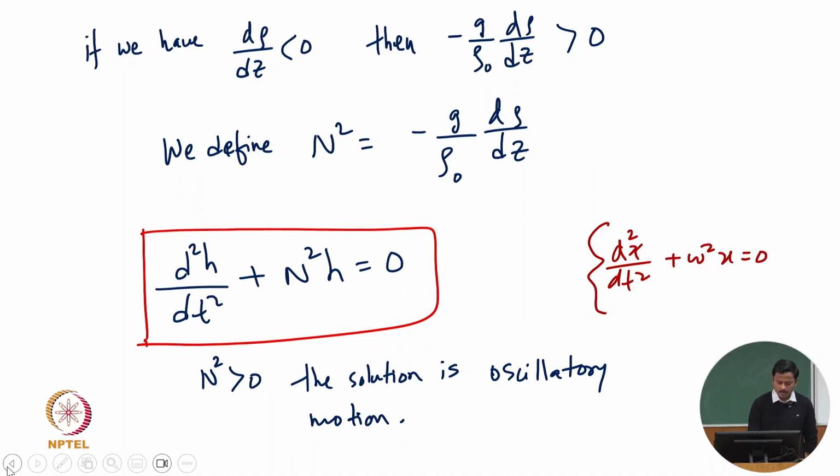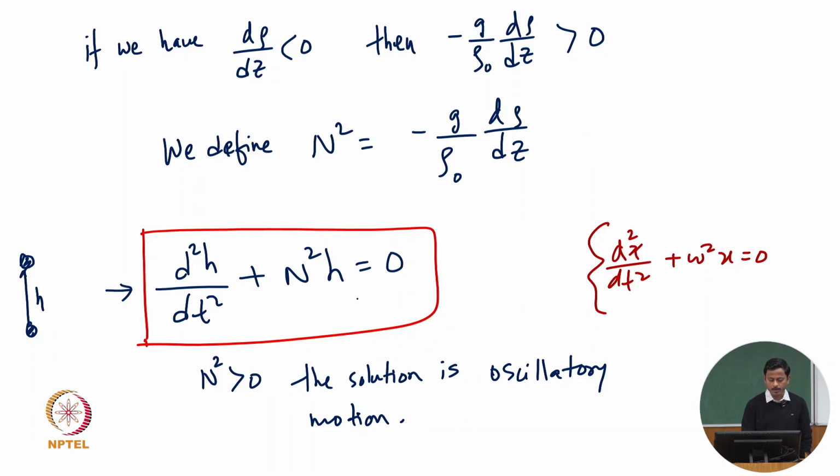So we said that if the parcel of fluid is displaced by a vertical length scale h, that is, the displacement is done by this much amount, this small h, the governing equation for the particle is something like the double derivative of the height with respect to time plus N squared h.